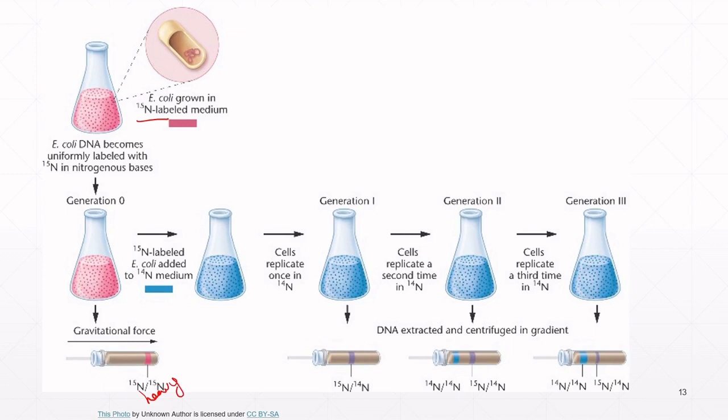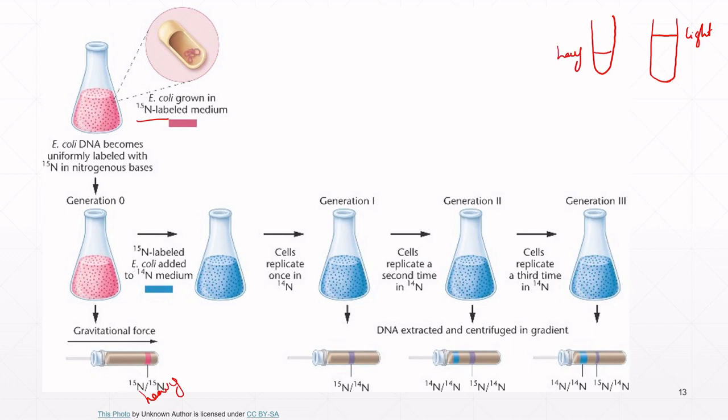When normal cells were isolated and the DNA subjected to centrifugation, a band is formed a little above the heavy band, and this is called the light band. So the N15 containing band will be heavier. This is the heavy band and this is the light band.